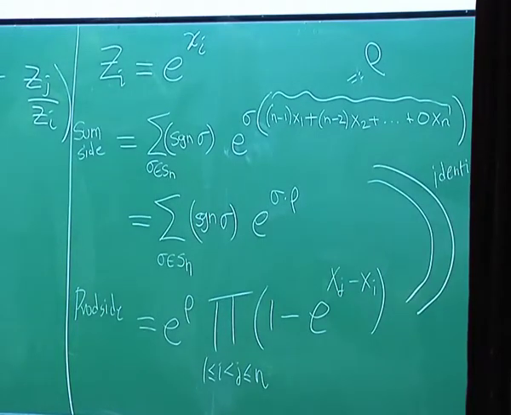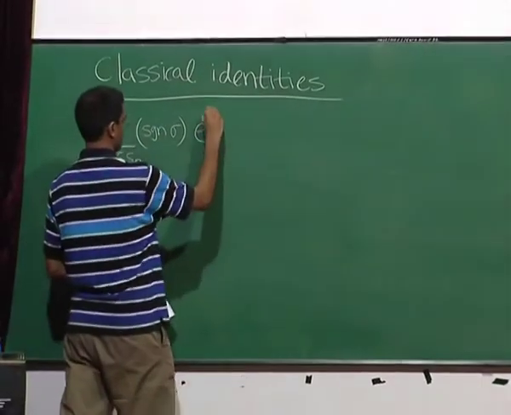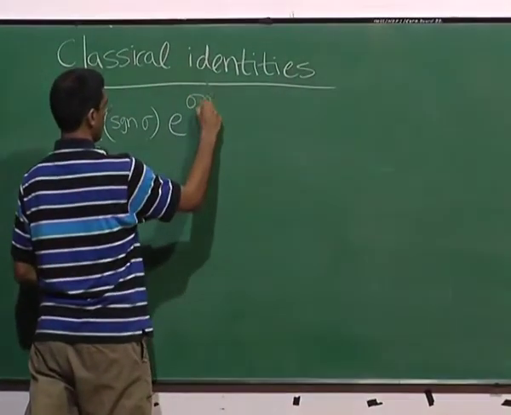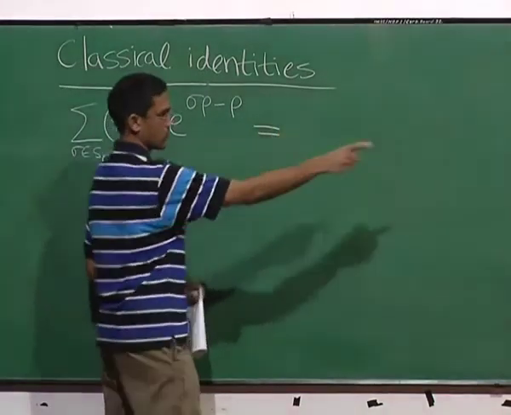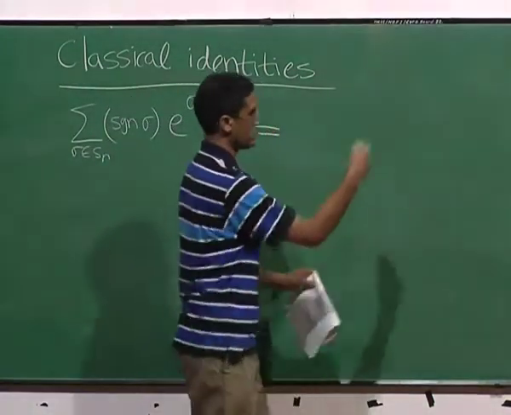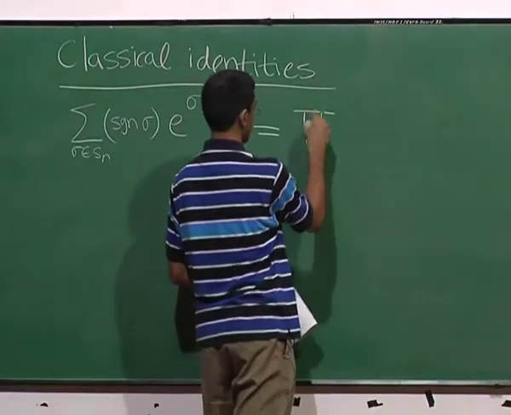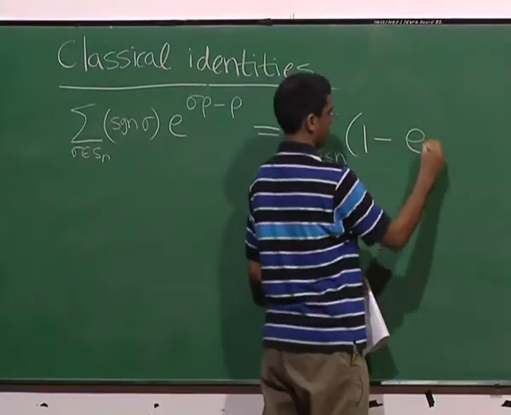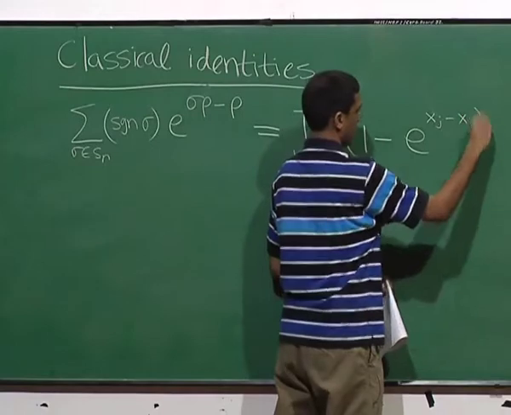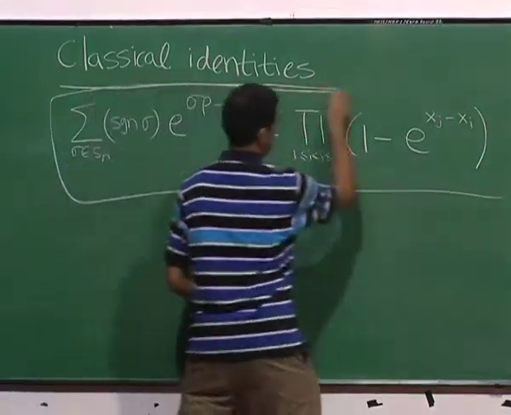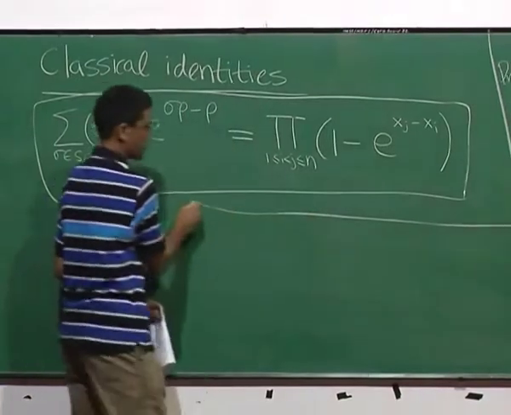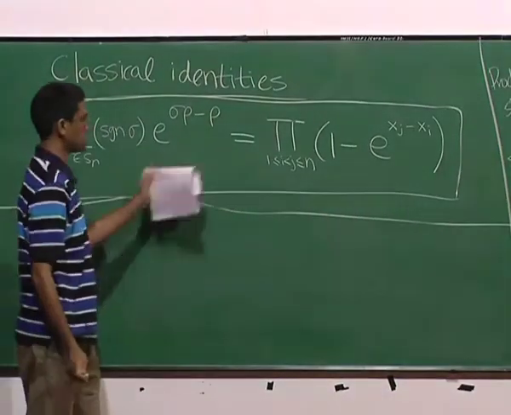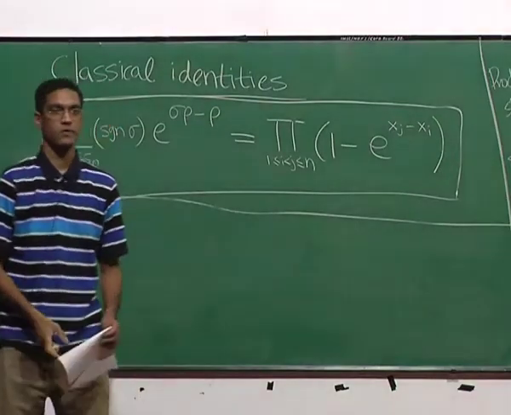Here's the identity: the sum of sign sigma e to the sigma rho. Now I am going to put all the rho terms to one side, pushing that leading e to the rho to the sum side of the identity, and there is no product of 1 minus e to the xj minus xi, where of course implicitly rho depends on what your xi's are. So that's the Vandermonde identity, written out in a slightly different form.